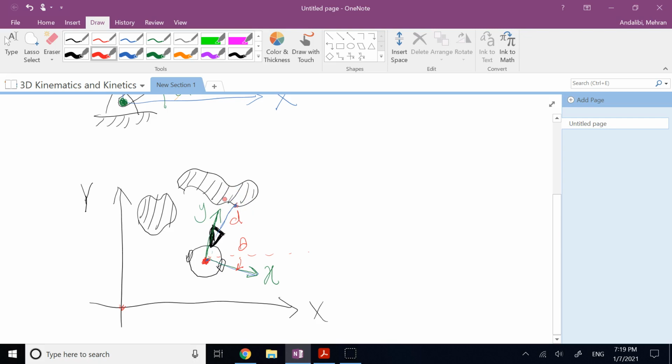Right? But again, as I said, this d that you are measuring is measured with respect to which coordinate frame? With respect to the coordinate frame that is attached to the robot, right? It does not measure the distance from this point D directly to the origin of the fixed frame.